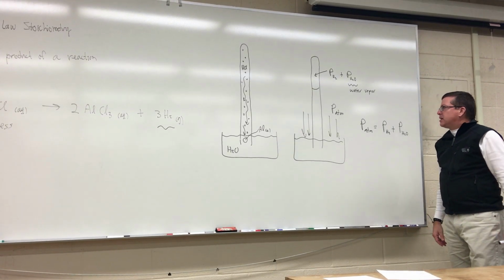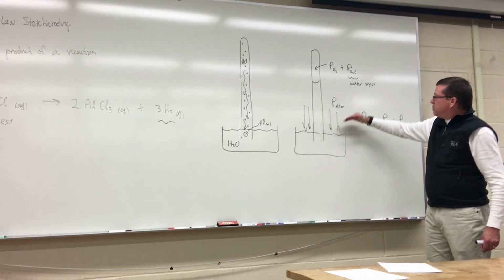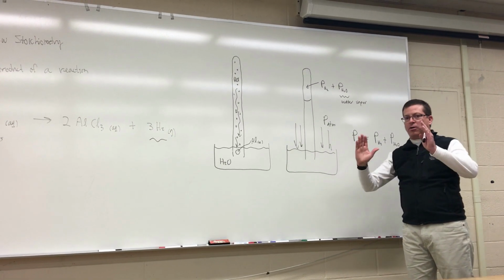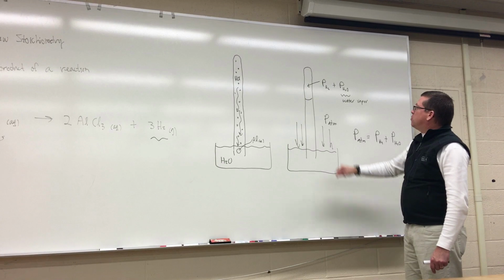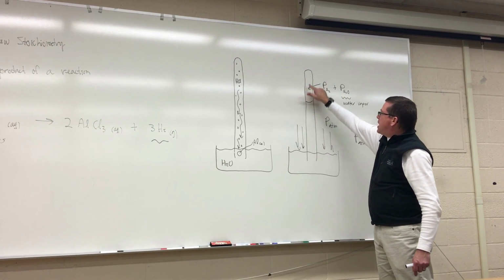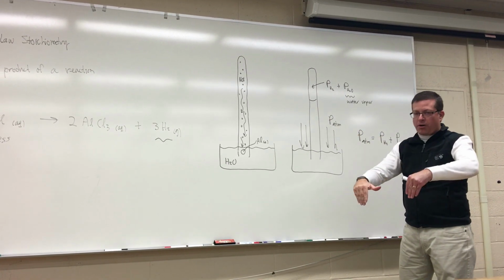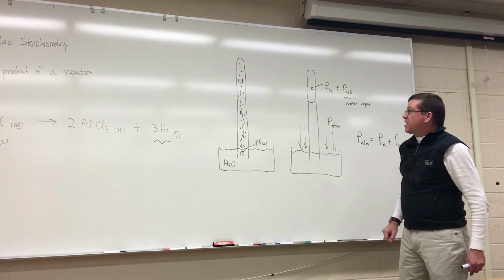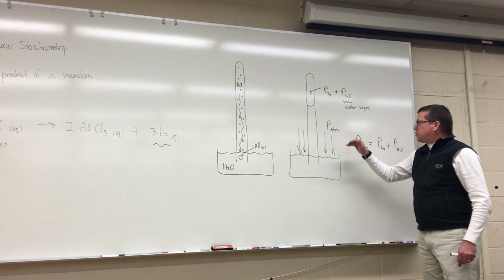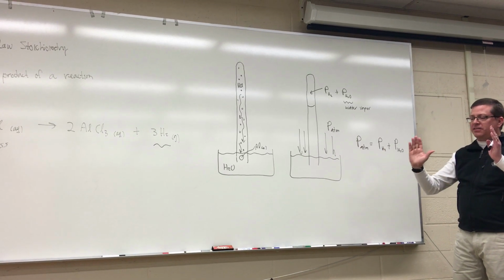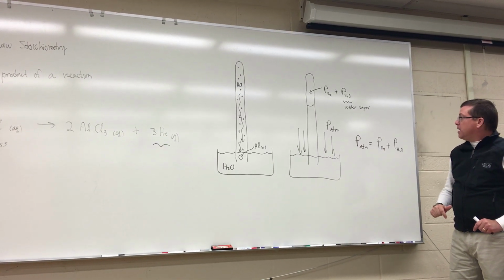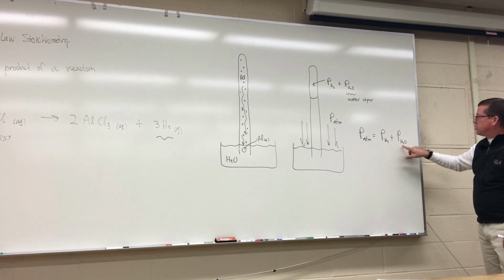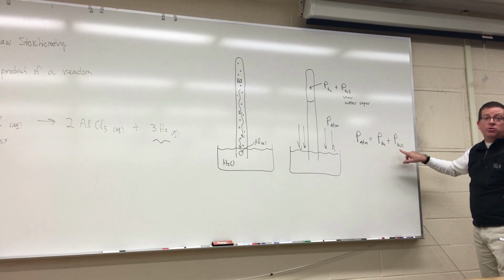Remember, based on the atmospheric pressures we learned early on in this chapter, we're forcing that water column up. However, we have trapped gas in the top of this thing that's forcing the water column back down. Since the level of the meniscus is not changing, we know that the atmospheric pressure forcing the water column up has to be equal to the partial pressures of the 2 gases that are opposing it.